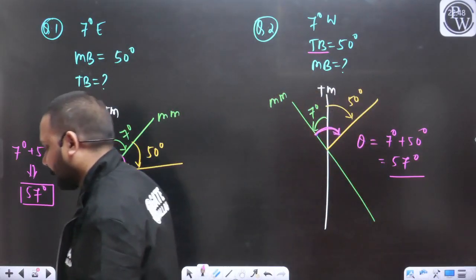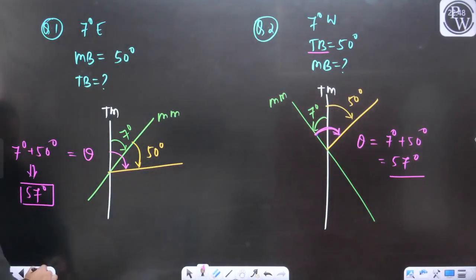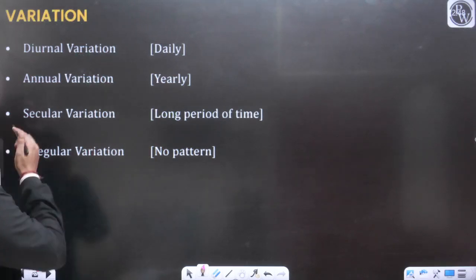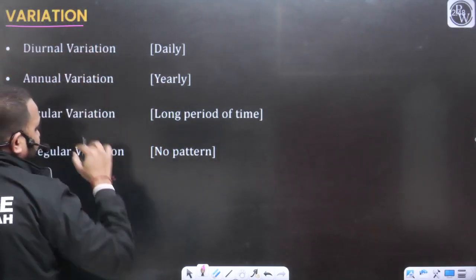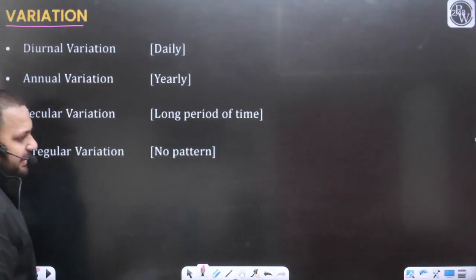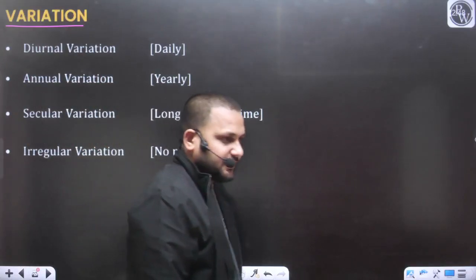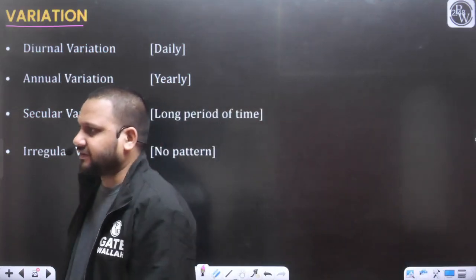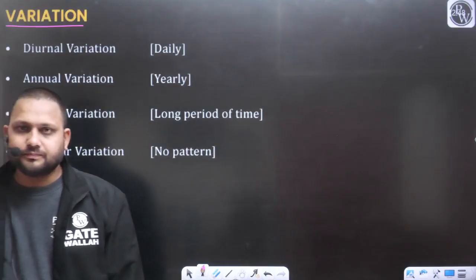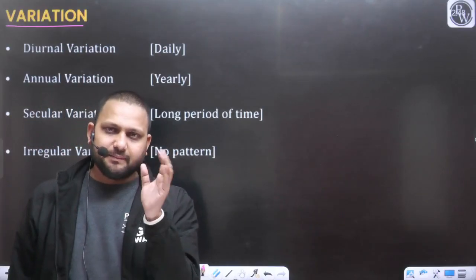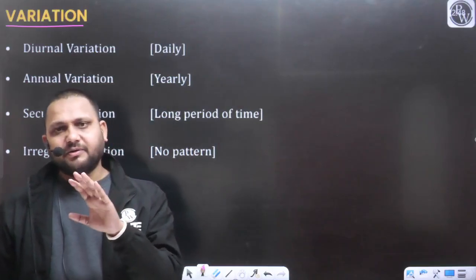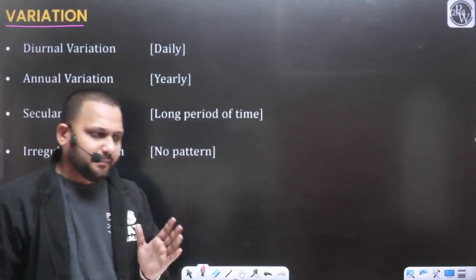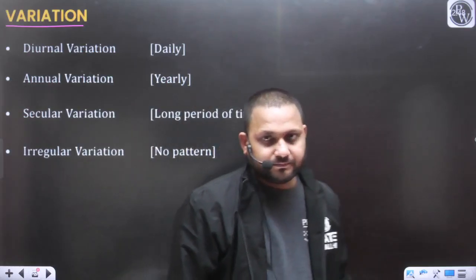Now I think the discussion about the declination is clear to everyone. As we have discussed, there may be variation in the declination if the position of the magnetic meridian changes. If the position of the magnetic meridian changes, the angle between the true meridian and the magnetic meridian will also change.